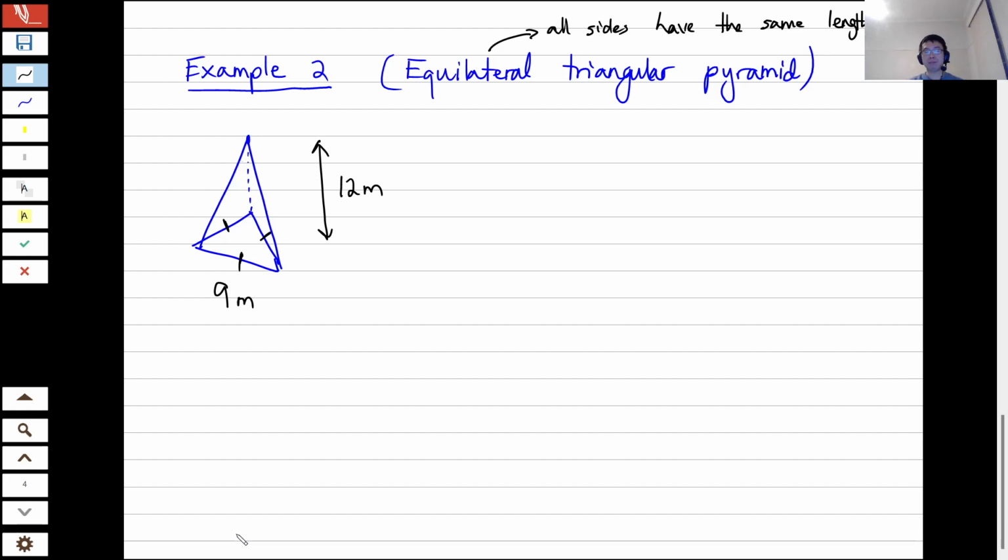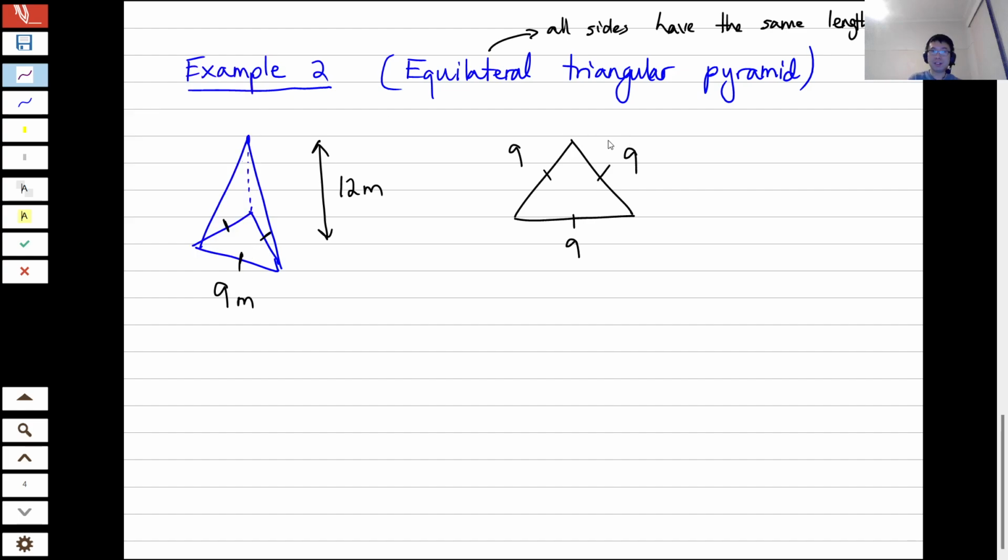And now we have a problem because we don't have a simple formula for the area of the triangle here. Normally we would use area equals half times base times height, but I don't have the height. What I have is this.